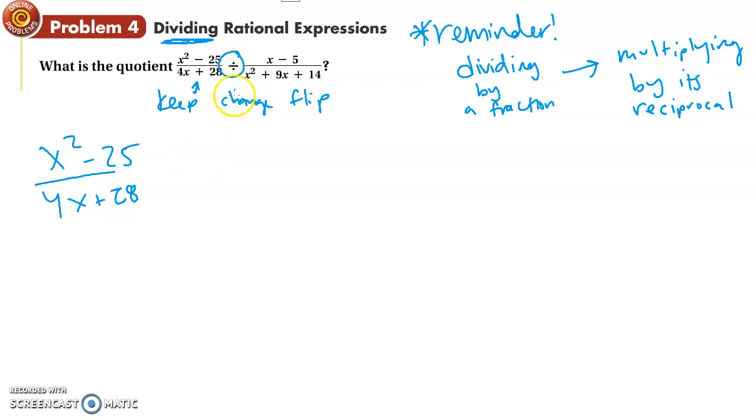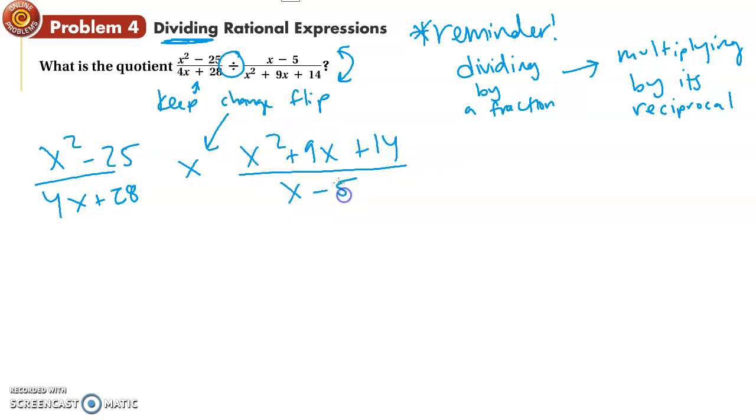Then I change this division sign to multiplication, and then I flip the back fraction. This becomes x squared plus 9x plus 14 over x minus 5. Now this just becomes just like all of the other ones where we have to factor out completely. Looking at this guy right here, this is a difference of squares, and difference of squares factor out to conjugate pairs.